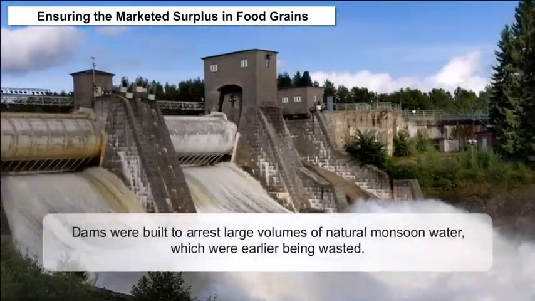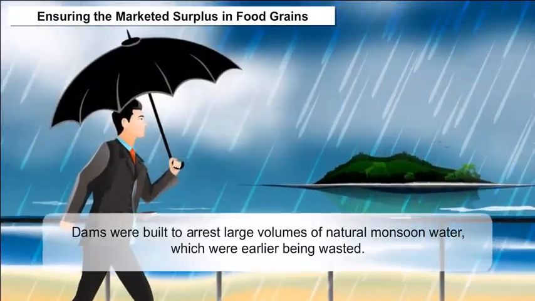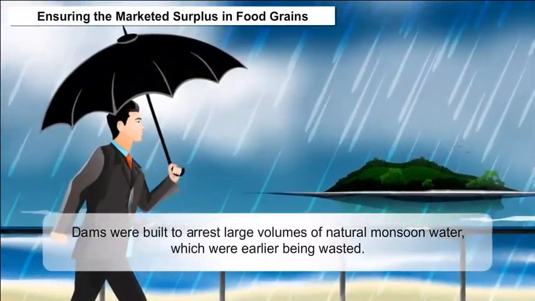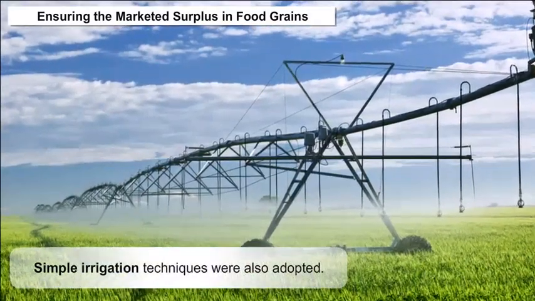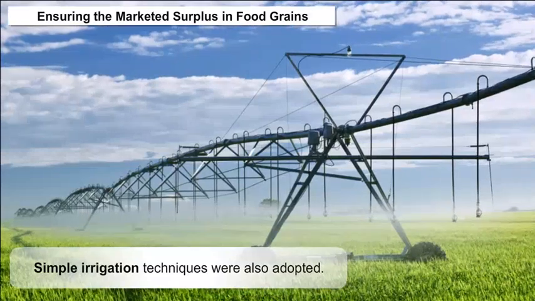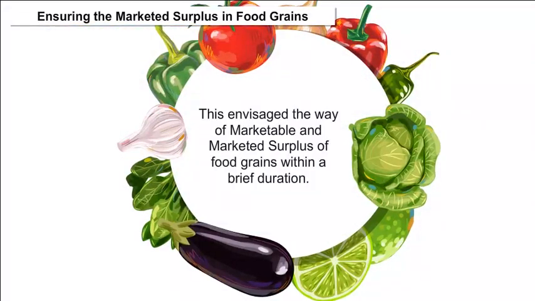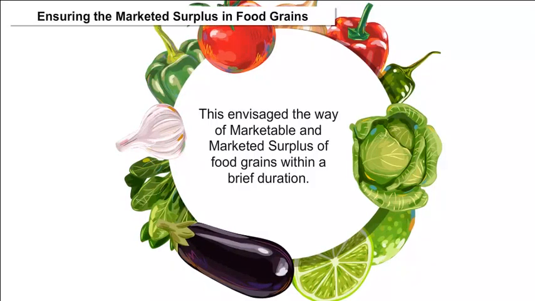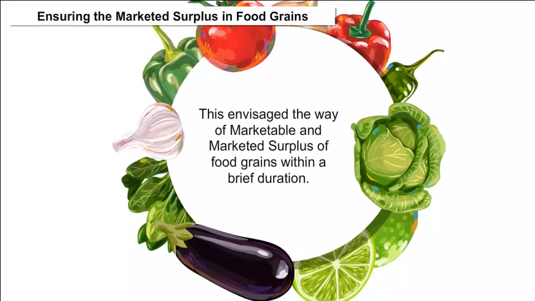Dams were built to arrest large volumes of natural monsoon water, which were earlier being wasted. Simple irrigation techniques were also adopted. This envisaged the way of marketable and marketed surplus of food grains within a brief duration.